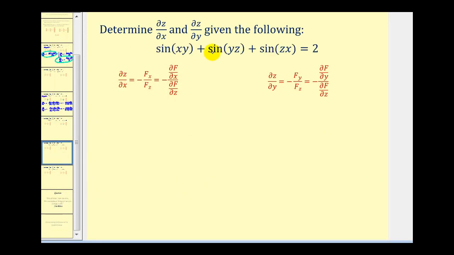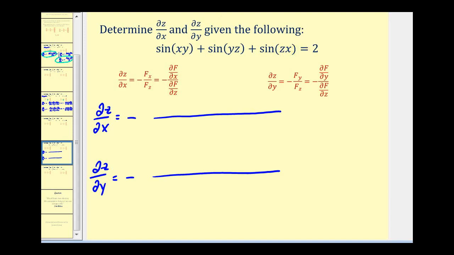Let's go and take a look at one that has some trig functions in it. So we'll have the partial of z with respect to x and the partial of z with respect to y. Now notice here the equation is not set equal to 0, so let's go ahead and rewrite this in the proper form.